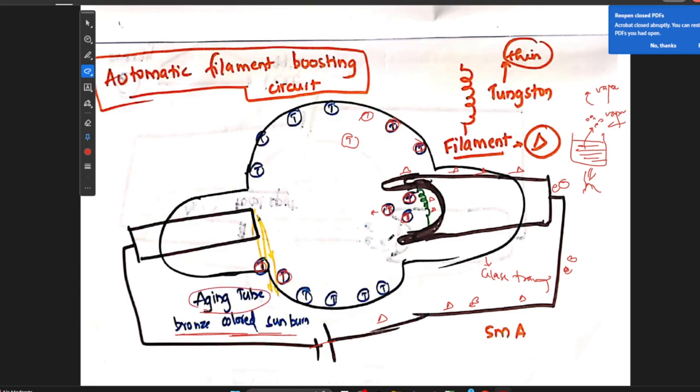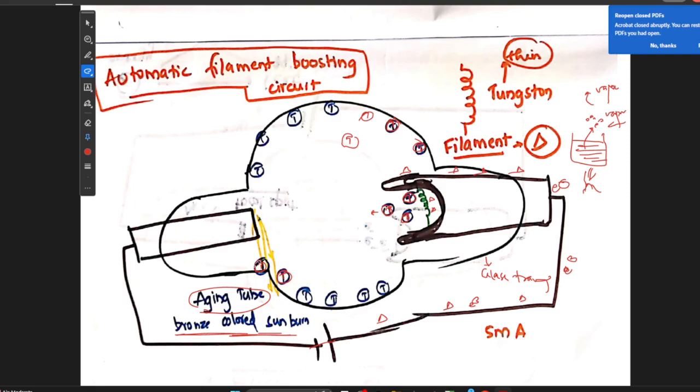When the tungsten filament gets evaporated and the atoms of tungsten attach to the glass enclosure, this will turn the tube color to bronze. So this is called bronze colored sunburn or aging of the tube.